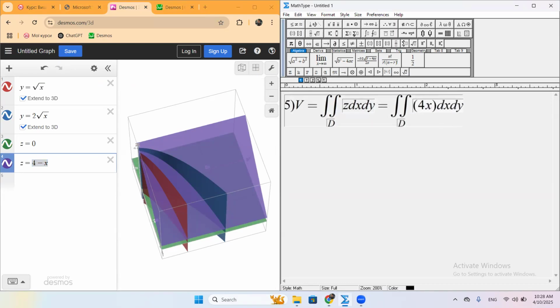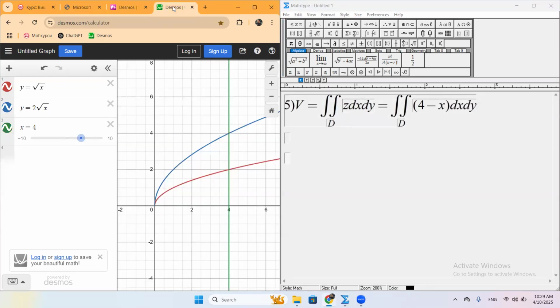So we will have to calculate this integral. Let's determine bounds of integration first of all. x reaches values from 0 to 4. It will be the outer variable. And what about y? From square root of x to 2 square roots of x.